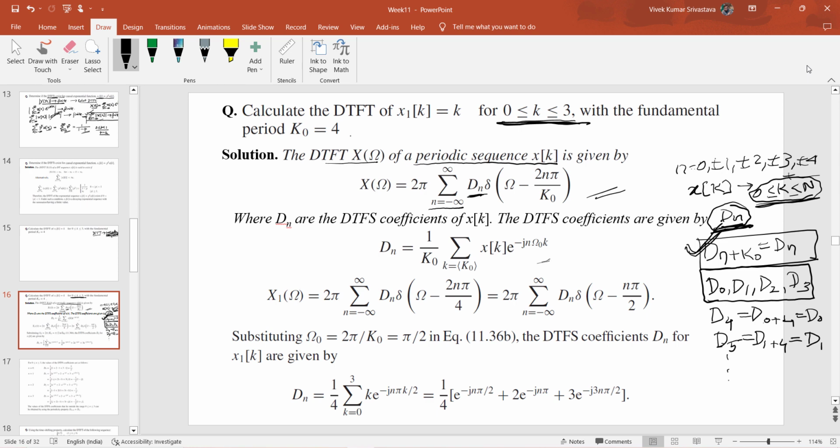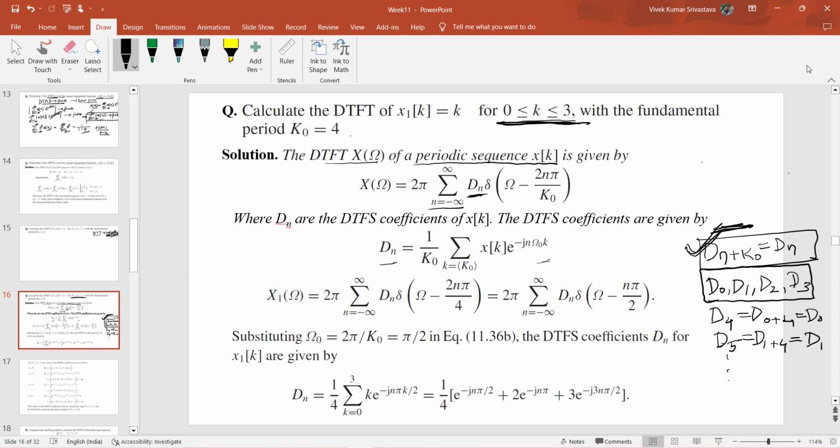By using this expression we will evaluate the discrete time Fourier series coefficient. Let us first determine the value of omega naught. Here we can also write this, let me remove this first of all.